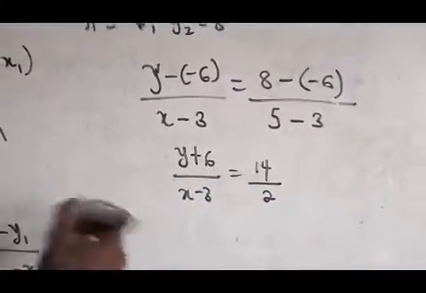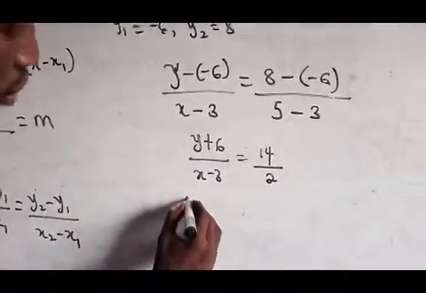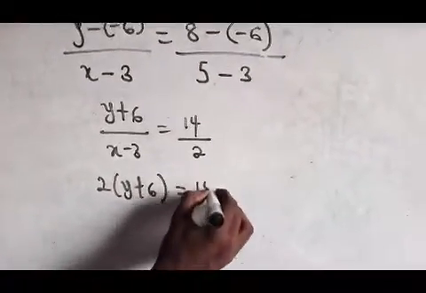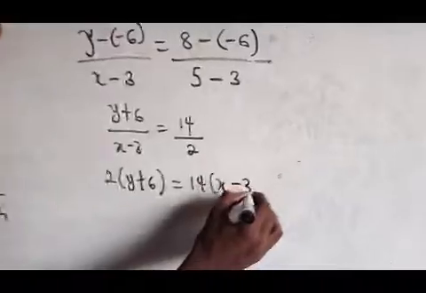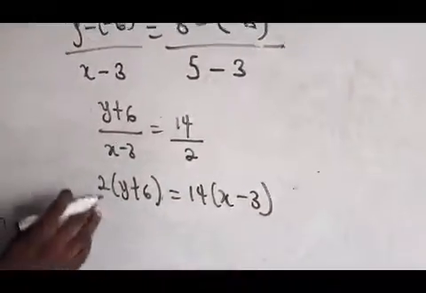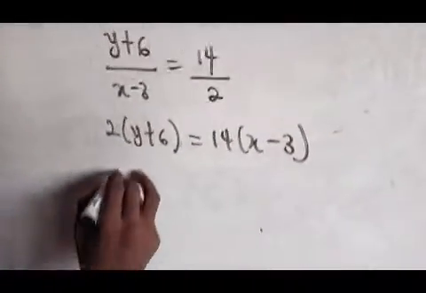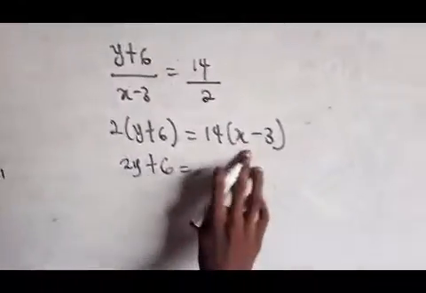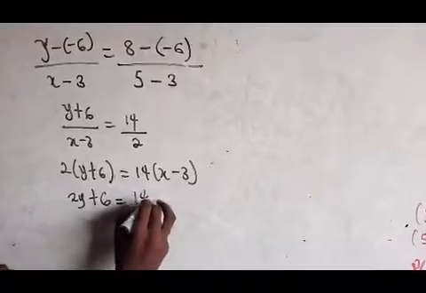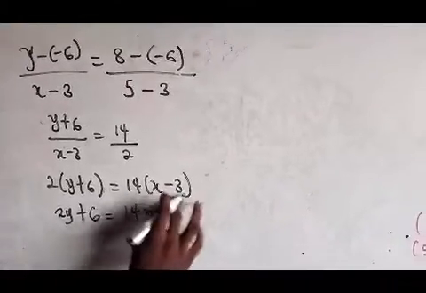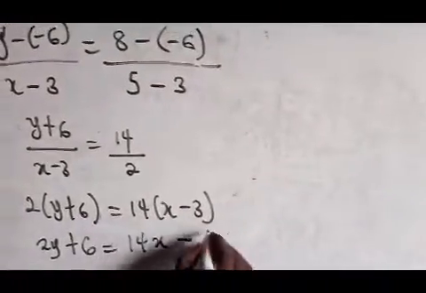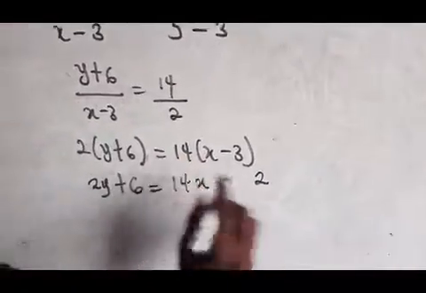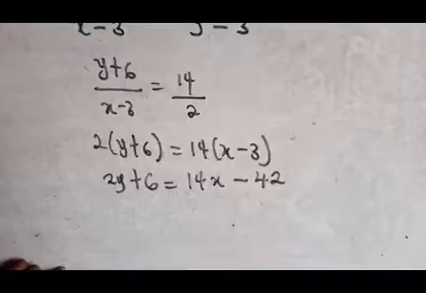So cross multiply. If you cross multiply, you are going to have 2 times y plus 6 equals 14 times x minus 3. Alright, so 2 times y plus 6 equals, 14 times x will give you 14x, and 14 times 3 will give you 42.